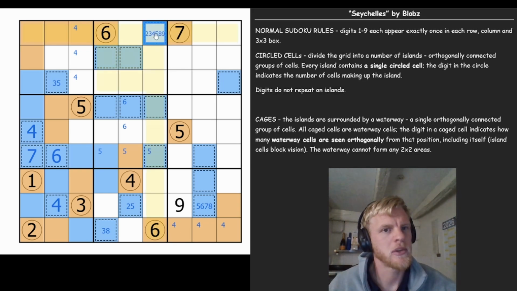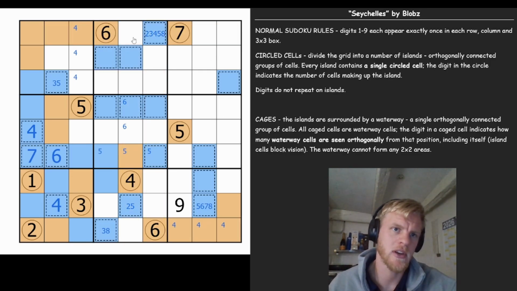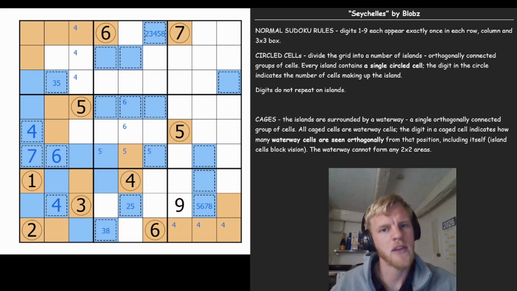No, it cannot be 9 because even if it goes down, we can't have this cell. So let's get rid of the 9. If it goes to the left, it can't go down. That's not possible. Okay. I think there's something I'm missing here.